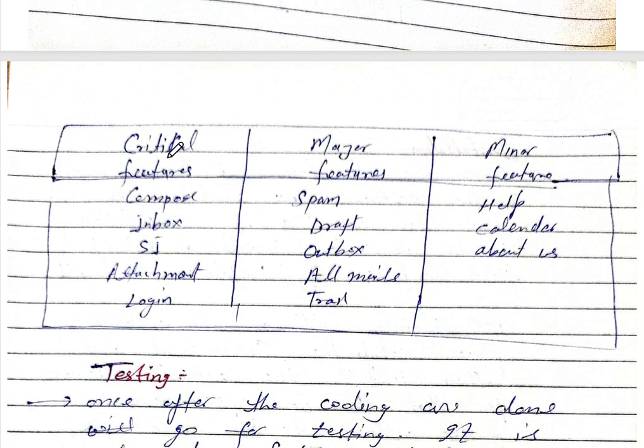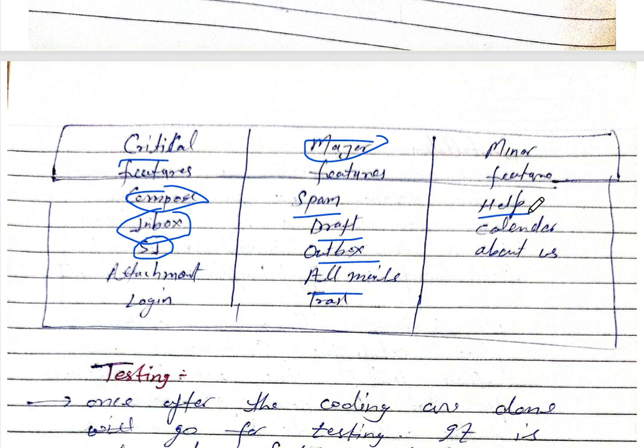Critical features are, for example, compose, inbox, sent items, attachment, login. Major features are basically spam, draft, outbox, all mail and trash. And minor features are like help, calendar and about.